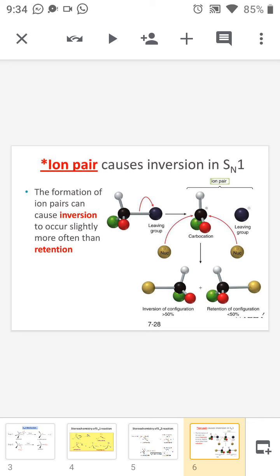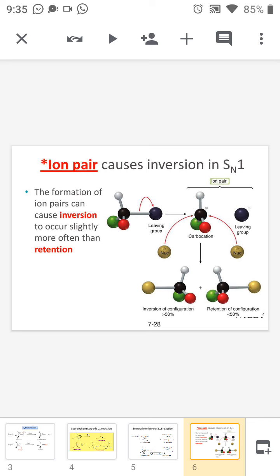I have shown the carbocation and the leaving group in close boundary to each other. That means they exist as an R plus X minus pair. Then after that, the carbocation and leaving group are separated by the solvent layer. Then the nucleophile attacks the carbocation.